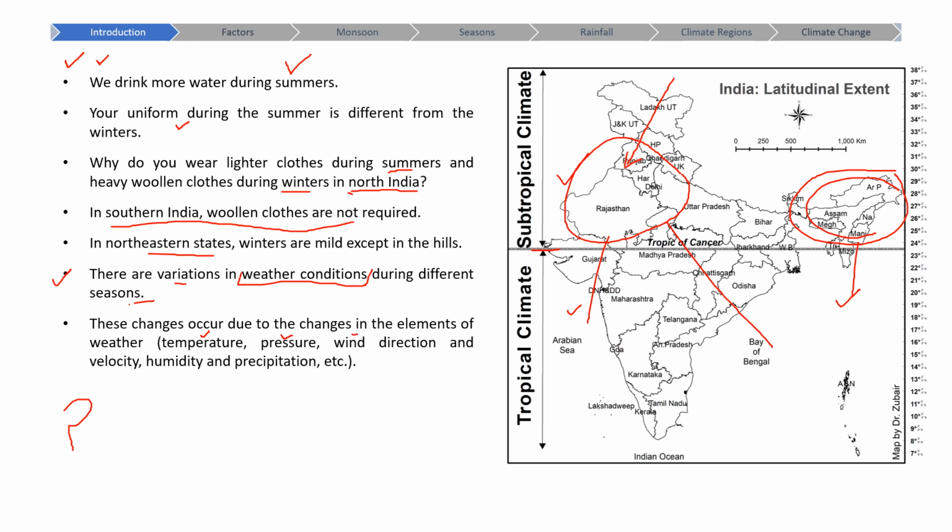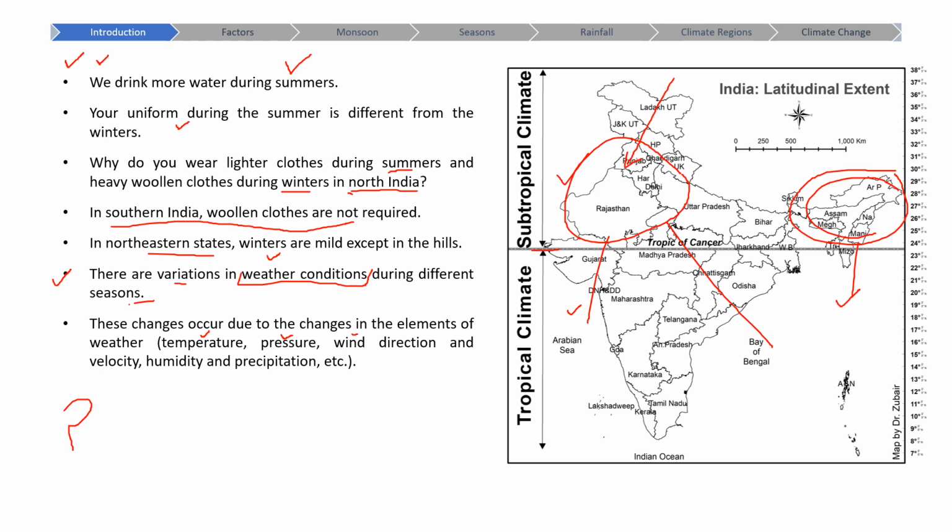The average condition of temperature, pressure, and wind direction at a particular time, at a particular place, makes the weather conditions, for a short duration. But climate is the average condition of weather for a longer time, maybe 30 years, 35 years, even more than that. So this is the difference.